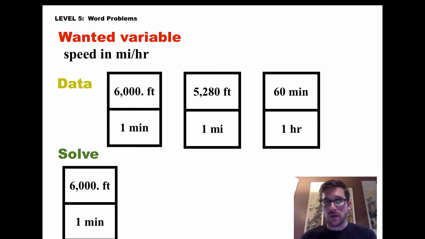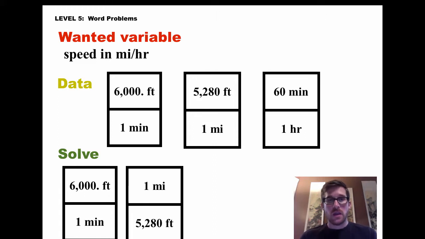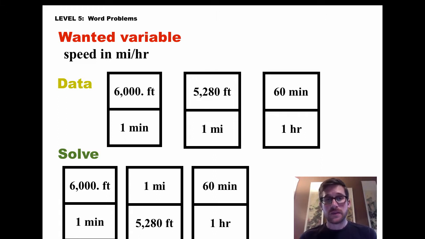So how do we solve? We take our initial speed that the problem said the car was going. It was going 6,000 feet per minute. Now I know that I'm going to put my feet on the bottom here in order to cancel the units of feet. That will get me into miles. Here I put the domino of 60 minutes per hour. And notice I put the minutes on top, so that we can cancel minutes.